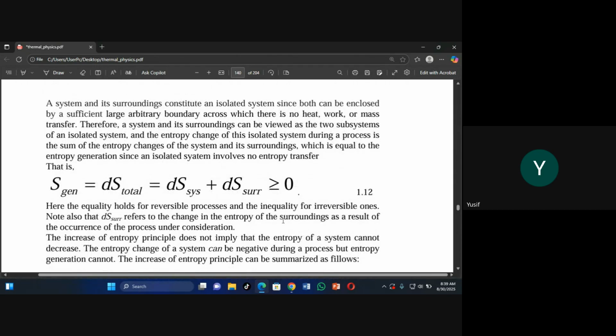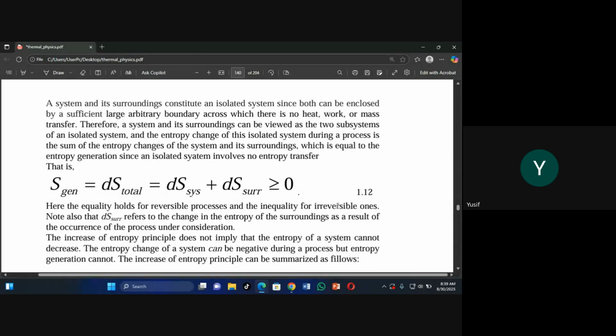Okay. Here, the equality holds for reversible processes and the inequality for irreversible processes. So always when you are talking about the reversible, we can talk of just the straight equality. But if you are talking about the irreversible one, that's where we talk about the inequalities.